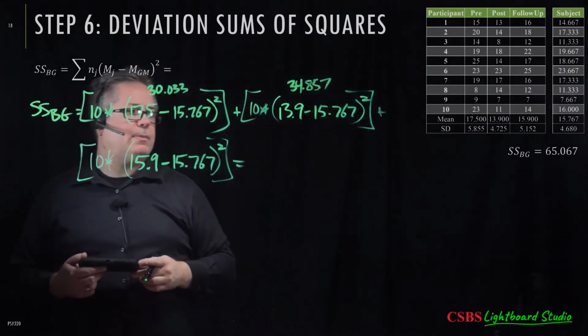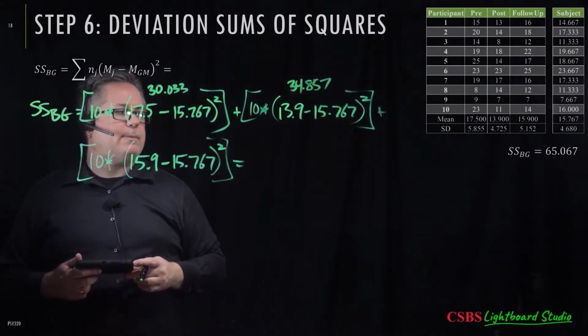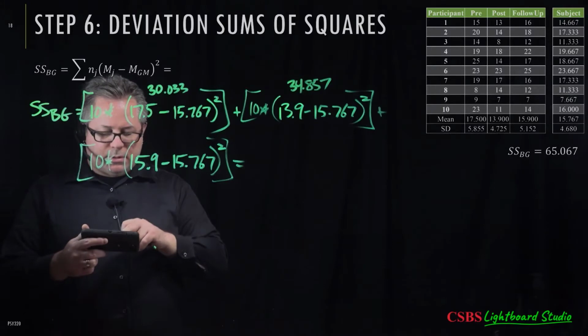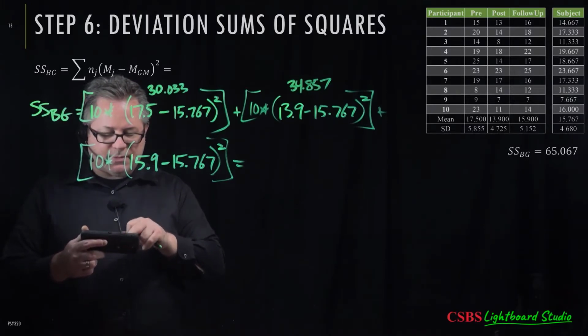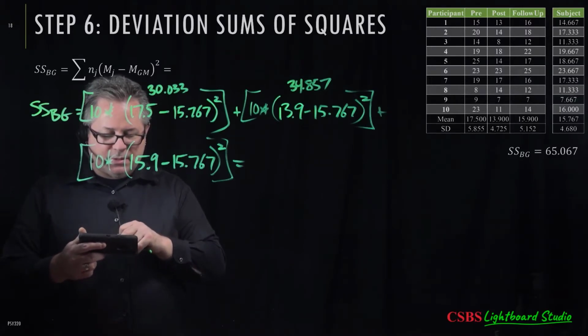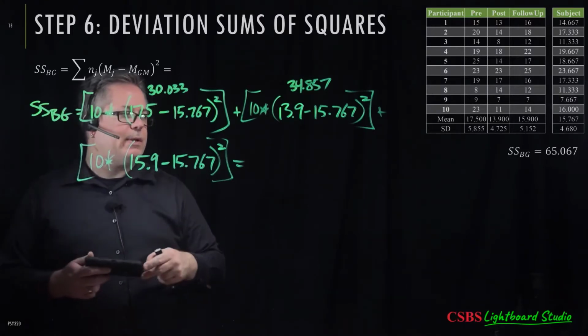Okay, something doesn't seem right. 13.9 minus 15.767 equals that squared, that times 10 equals that. Oh, so this one's really small. Okay.